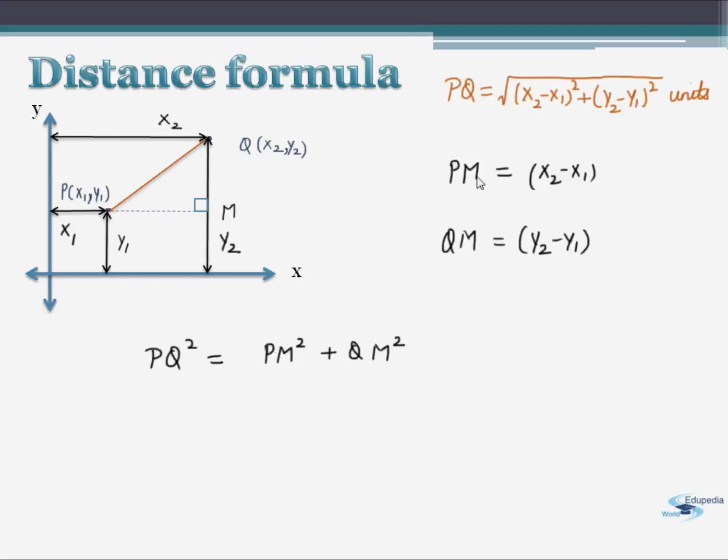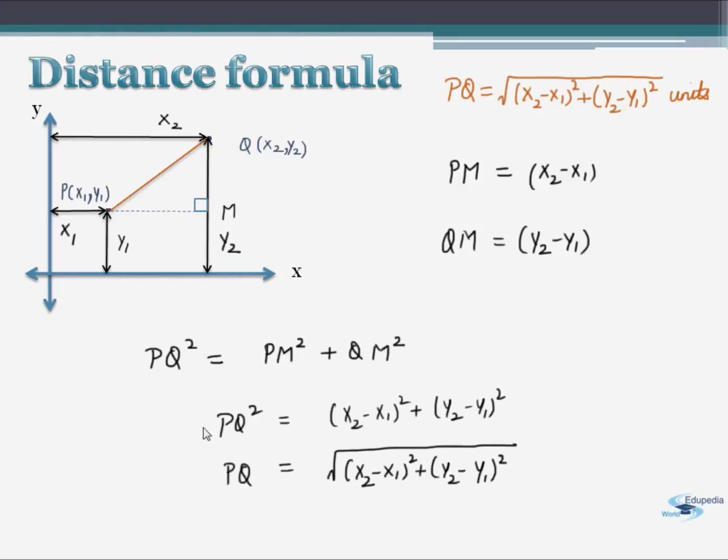Thus, on substituting the values of PM and QM, we get PQ square as this term, and so PQ will be under root of (x2 minus x1) whole square plus (y2 minus y1) whole square.